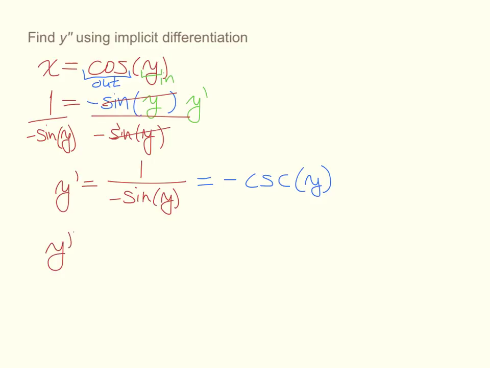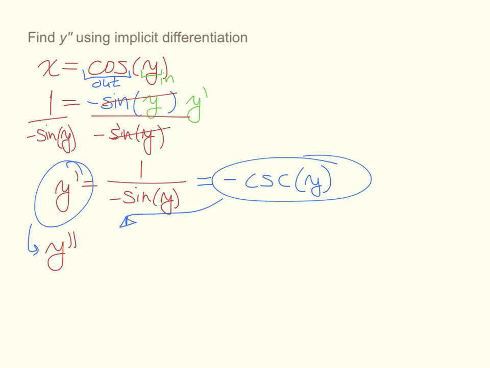So y double prime, again taking the derivative of this thing gives us y double prime, and then I'll take the derivative of this thing here. So that will equal positive cosecant y cotangent y, and we're back in that idea of an outside function being the negative cosecant and the inside function being y.